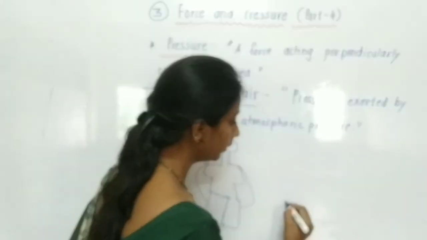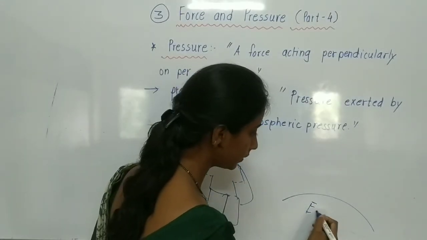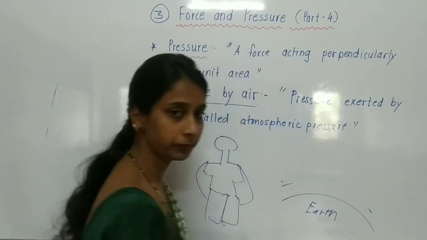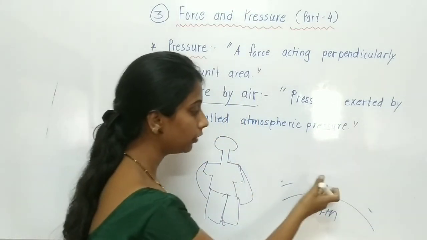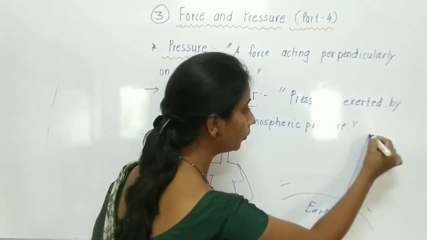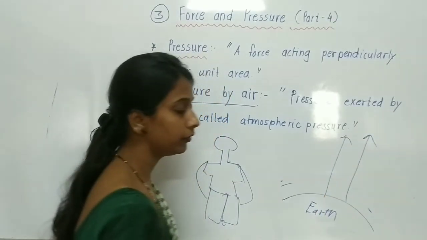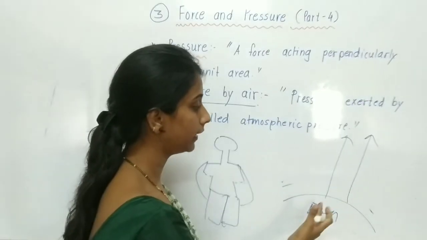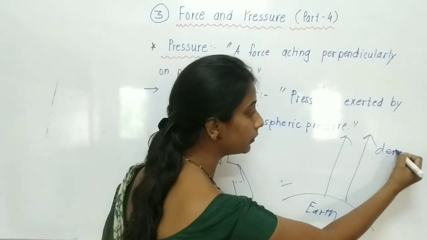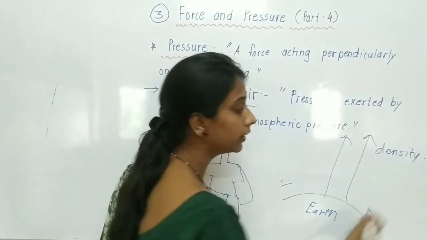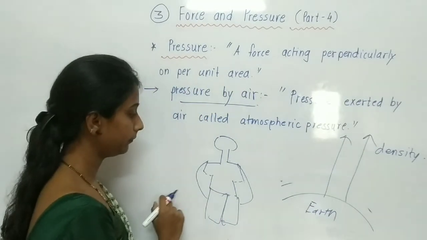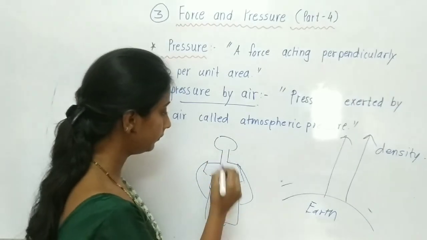Suppose this is the earth's surface. Near the surface of the earth, the density of gases, the density of air, is very large, and as we go towards high altitude, more height from the earth's surface, the air becomes rare, which means the density of air becomes less. Now see, at the surface of the earth, we are present here.